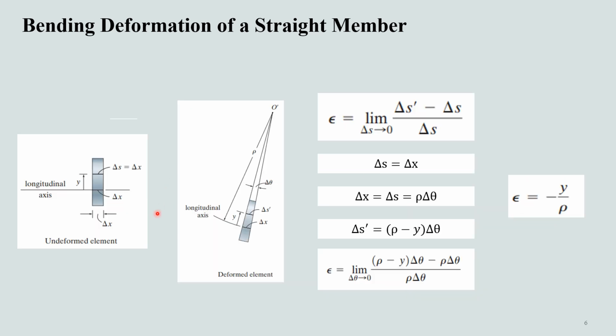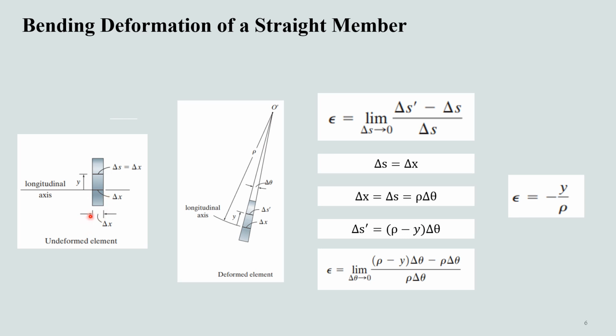Okay, so this slide needs an extra bit of focus. We are considering the segment del x that we originally recognized in the beam, in the undeformed as well as the deformed state. So this is the segment in the undeformed state.